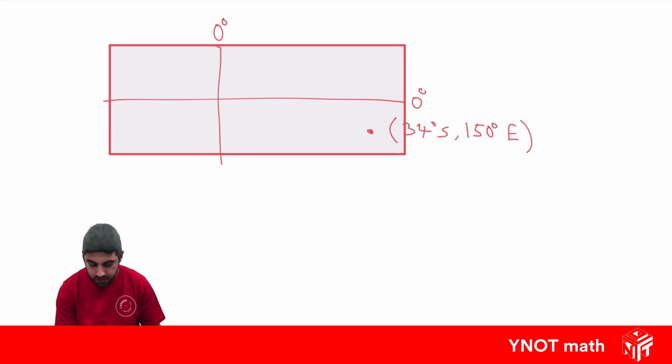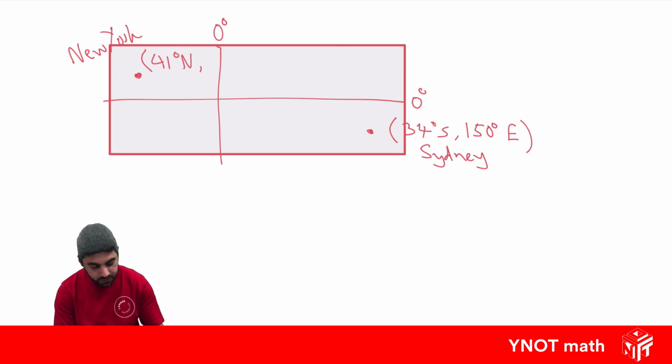And we're going to look at New York, which is 41 degrees north and 75 degrees west of Greenwich, so maybe somewhere up there. So this is Sydney. That's where I'm from, actually. And New York, which is roughly 41 degrees north and 75 degrees west.